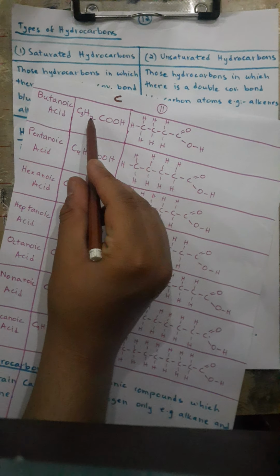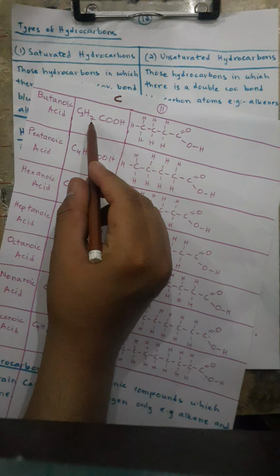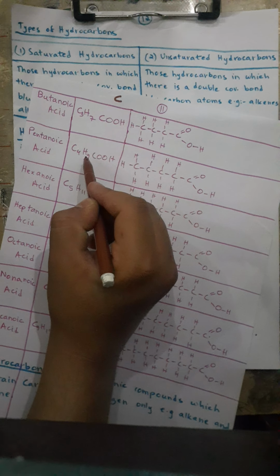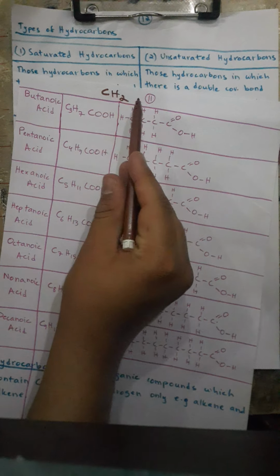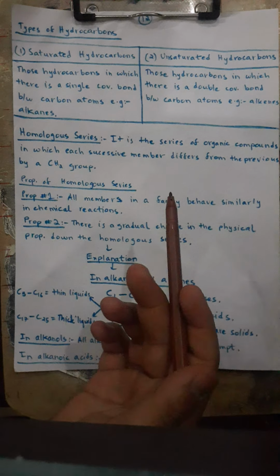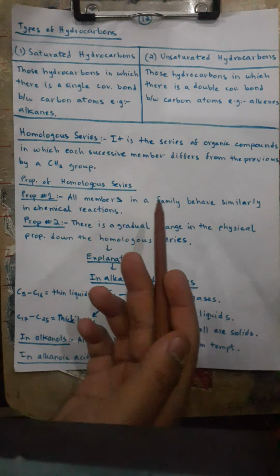And hydrogen atoms: H7 is 8 hydrogen atoms, H9 is 10, so 2 hydrogen atoms difference, and the oxygen is the same, so CH2. If we take any alkanes, alkenes, alkanols, alkanoic acids, you can check it. We will find that each successive member differs from the previous by a CH2 group.